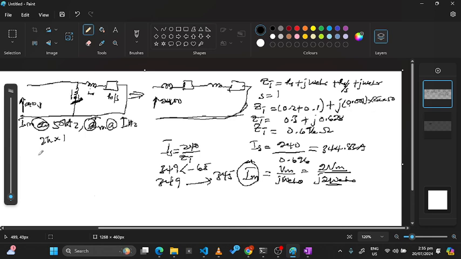This one, the inductance is 0.1 millihenries, and we are now going to look at it at 1 hertz. So it's going to be 2π times 1 times 0.001, and this is going to give you a very small value. So we are going to ignore that one as well.